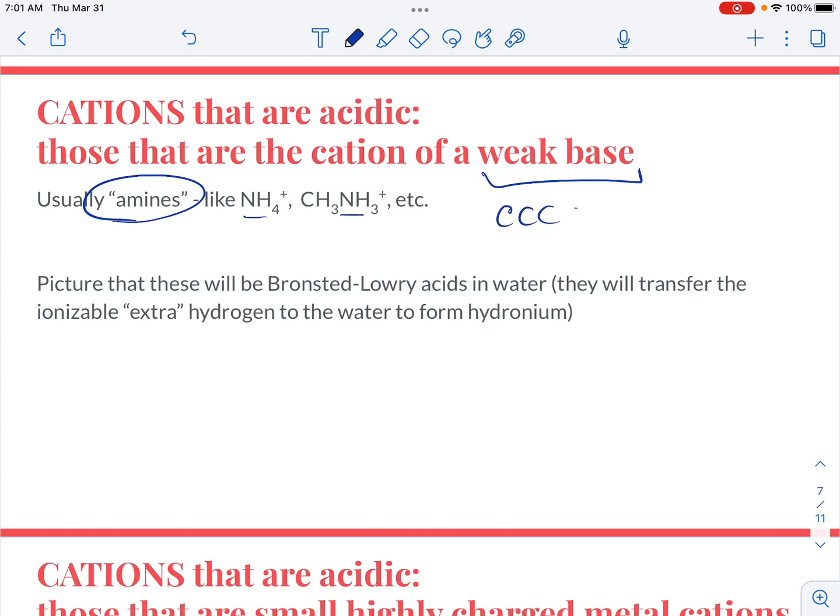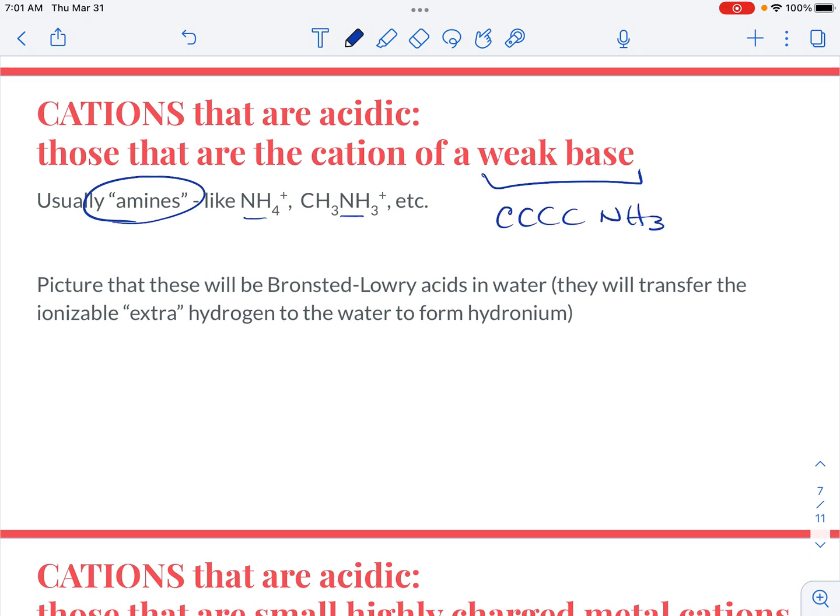It could be a bunch of carbons with an NH3 plus, but notice that these have this extra positive ion, and you have to start recognizing that those ions are indeed weak acids. Okay, so really when we say the cation of a weak base, we're really saying that they are the conjugate of a weak base.